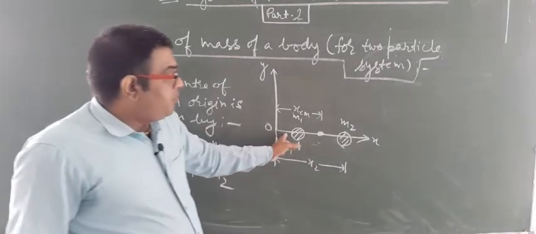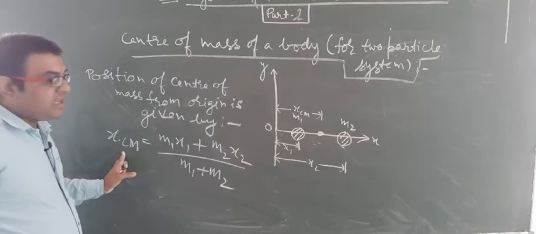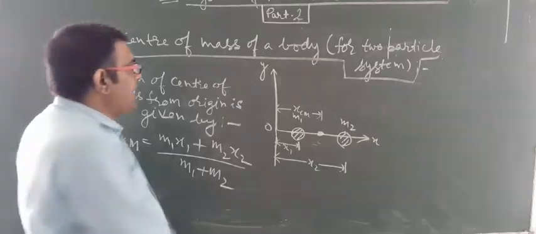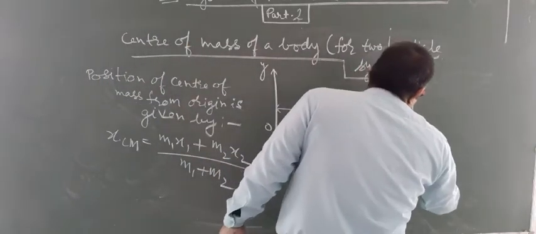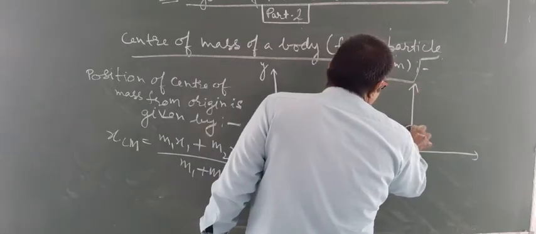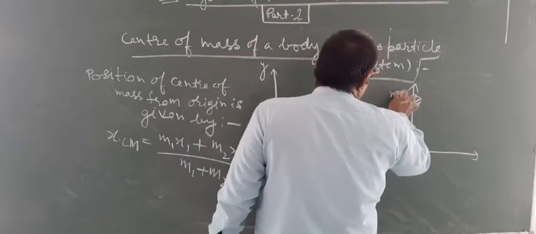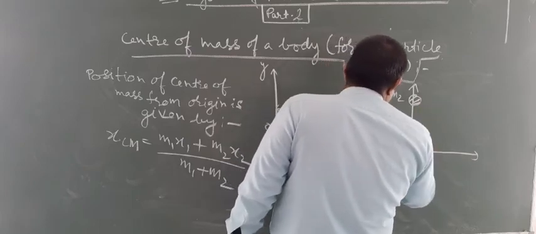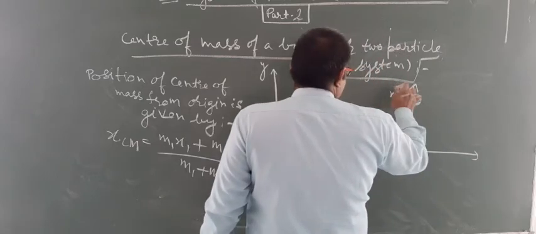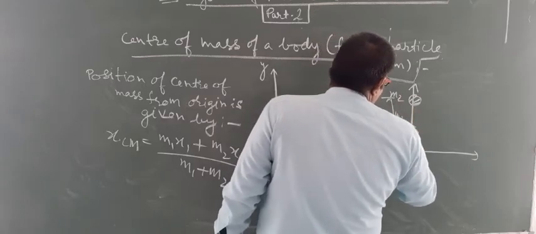Since the object is lying on the x-axis, we calculated xcm, and its center of mass must lie on the x-axis. Suppose this object is lying on the y-axis. Suppose m1 is lying at this position and m2 is lying at this position, and this is the distance y1 from the origin and this is the distance y2 of mass.